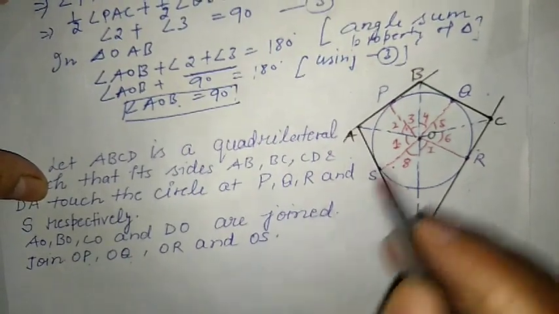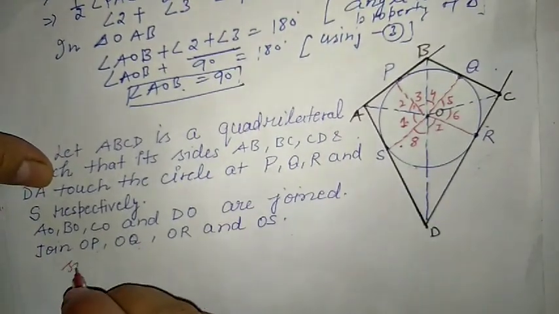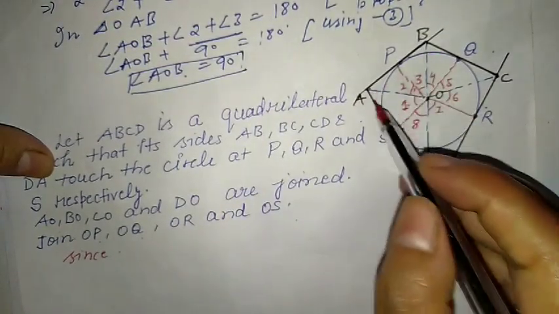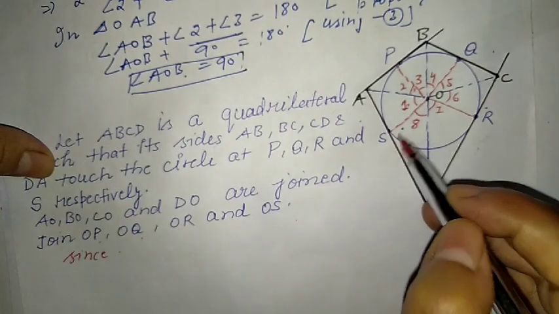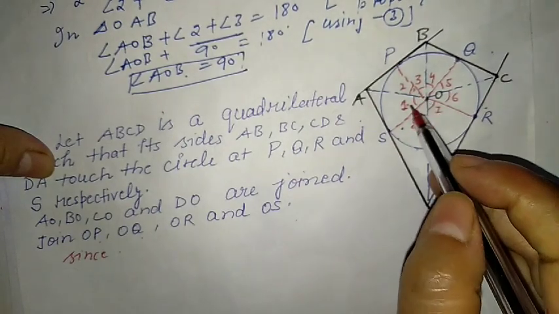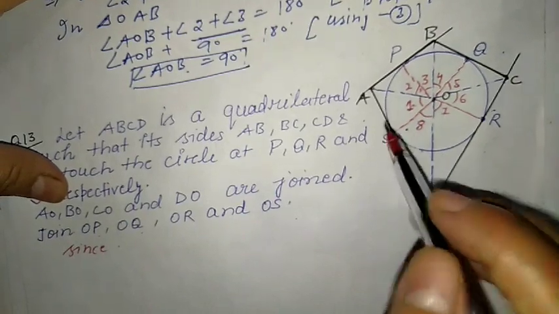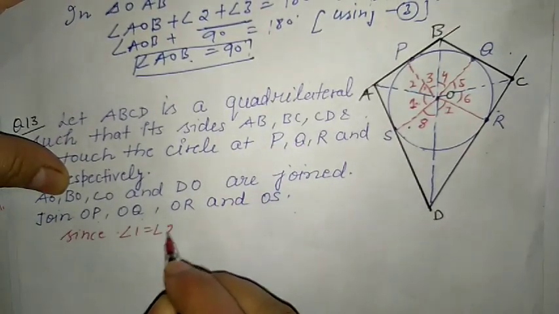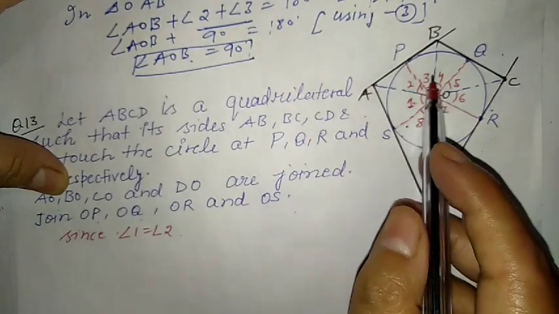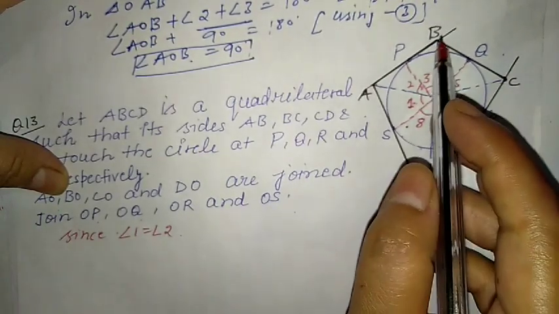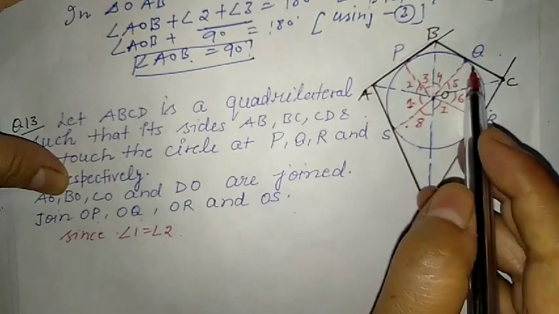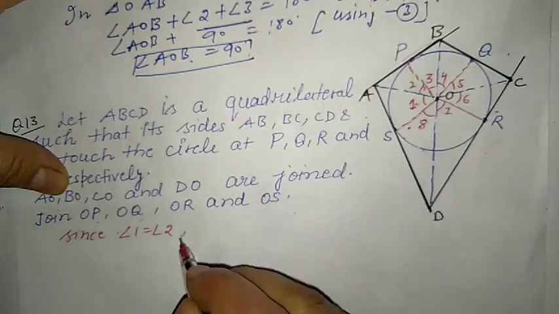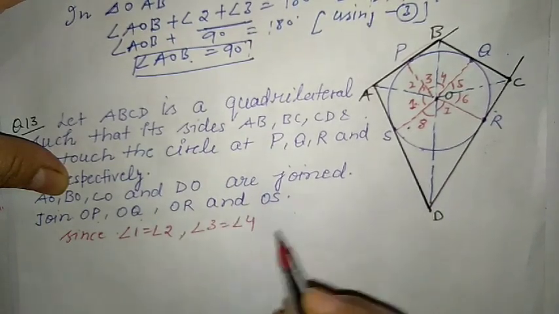Since the tangents drawn from an external point to a circle subtend equal angles at the center, we can write that angle 1 is equal to angle 2. Similarly, angle 3 is equal to angle 4, because B is the external point and these two are the tangents. Hence, angle 3 is equal to angle 4.